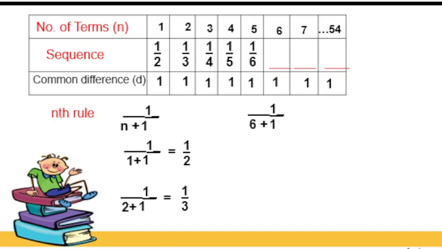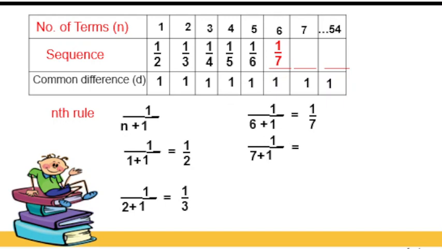You might be wondering why we can add a whole number since the n is in the denominator. That's why you can get the 1/7. And then the 7th term is 1/8.